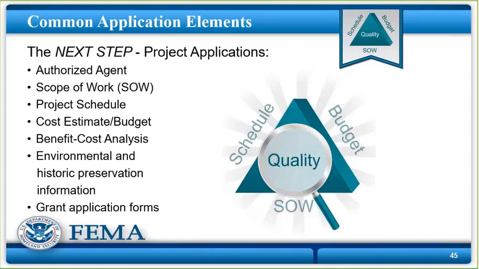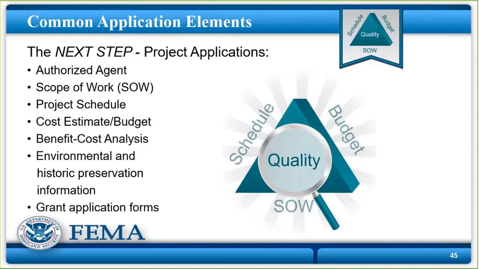So common application elements. This is your next step. You need to designate an authorized agent. That is done by the tribal board of elders, commission, council, whatever the governing body is of the tribe. That document is signed and uploaded into eGrants. That person then becomes the person who in eGrants is the person we contact with regard to each individual sub-application.